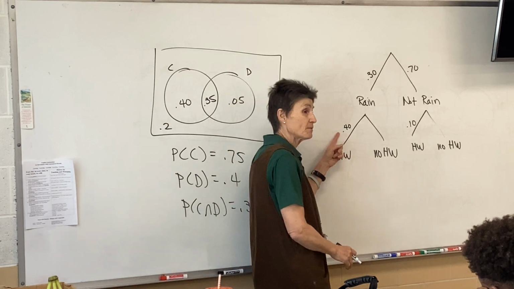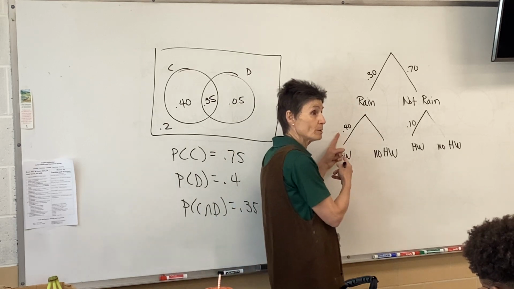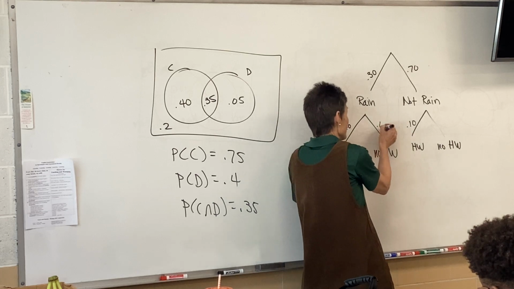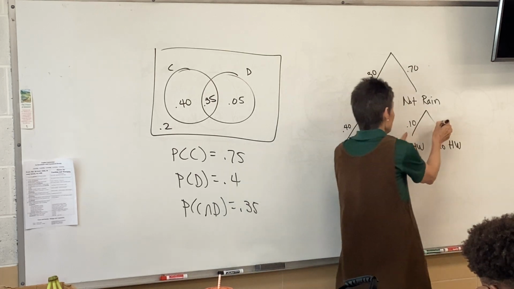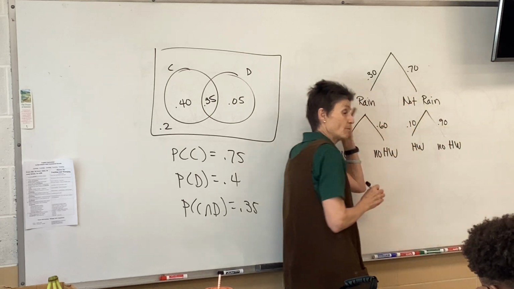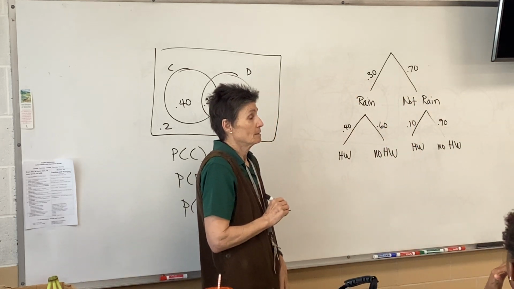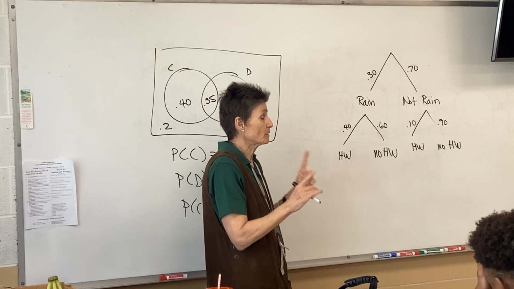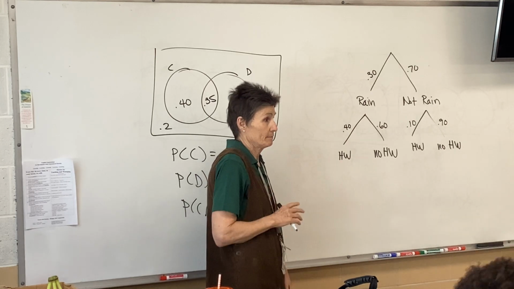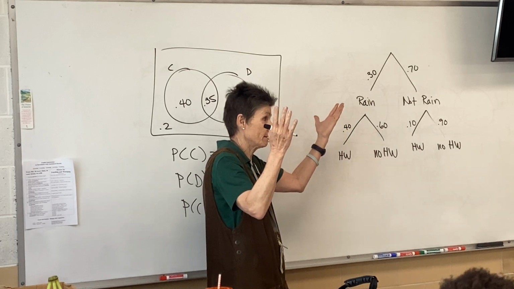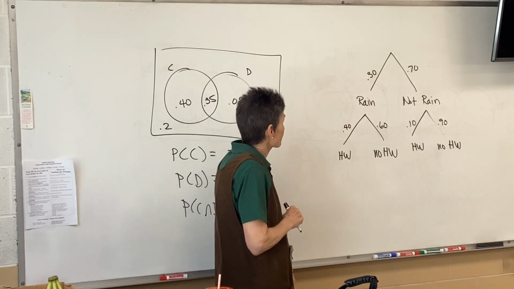And likewise, if there's a 40% chance he'll do his homework, there's a 60% chance he won't? And 10, 90? Now the whole chart's filled in. Probabilities of mutually exclusive events have to add up to 1, 100%. Rain, not rain, 100%.